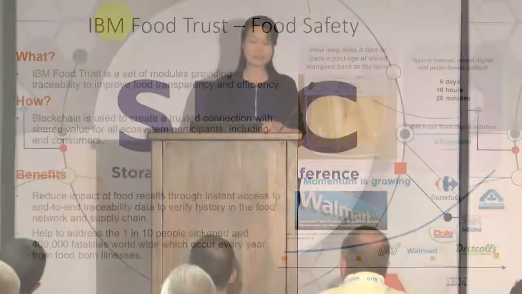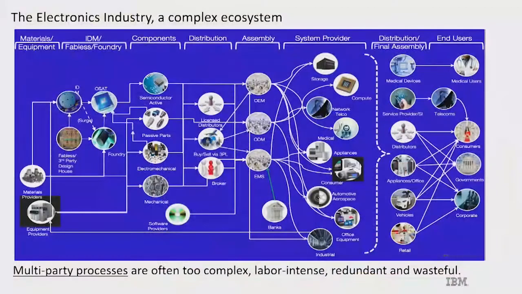I have a reason to show this one here, because now, coming back to a more comfortable zone for me, the electronics industry, many of you will belong somewhere in this column, even though you might be just writing code, right? But you will be part of this very complex ecosystem. Think of it as a package of mango.